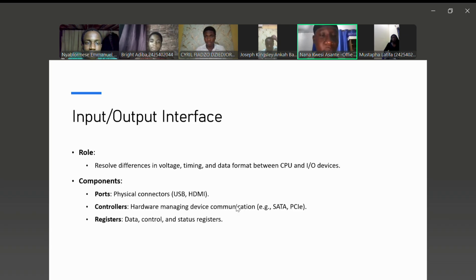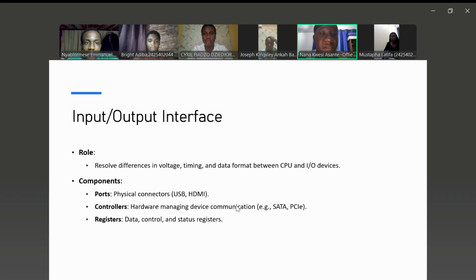My name is Nanakusi Asante. We are now looking at the input/output interface. The role of the input/output interface is to resolve differences in voltage or timing and also data format between the CPU and the input and output devices. It has components, one of which is ports.